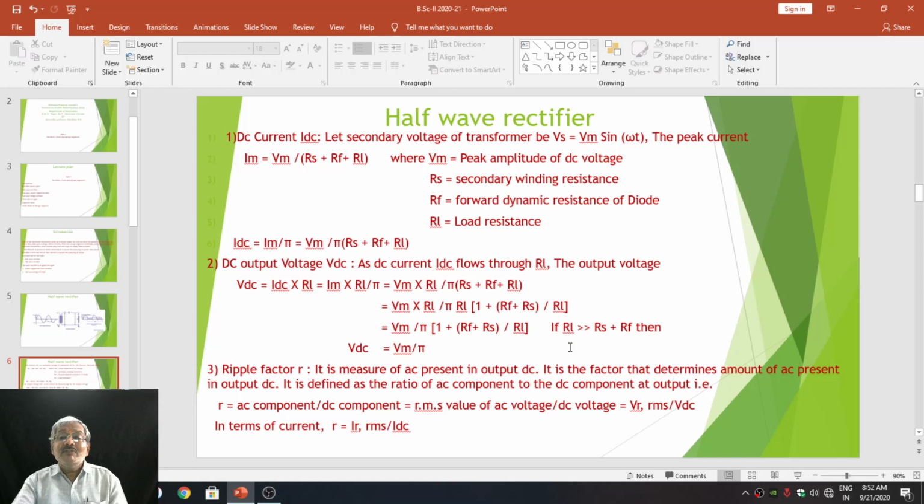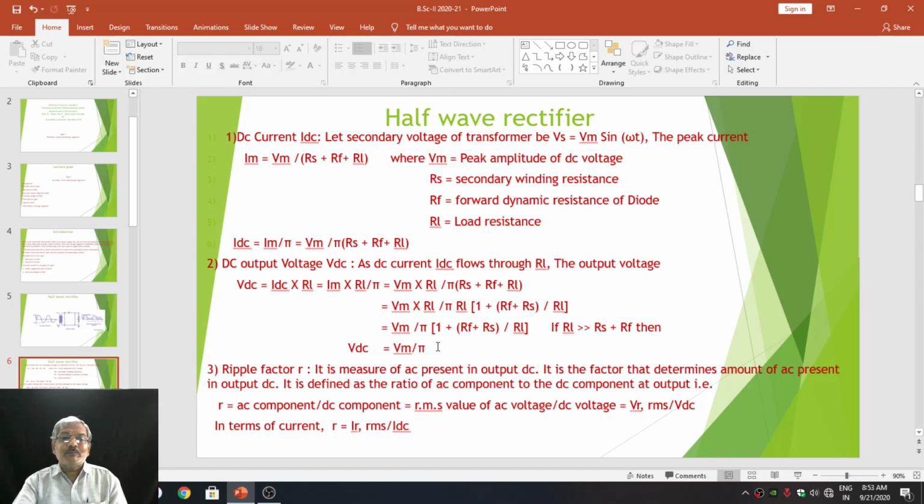If the value of RL is very much greater than Rs plus Rf, which obviously is true, then this factor becomes 0. As RL is large, this factor is ideally 0. When this factor becomes 0, the lower term becomes equal to 1, and we get the equation Vm upon pi. Hence, the DC voltage developed across the load resistance is Vm upon pi.